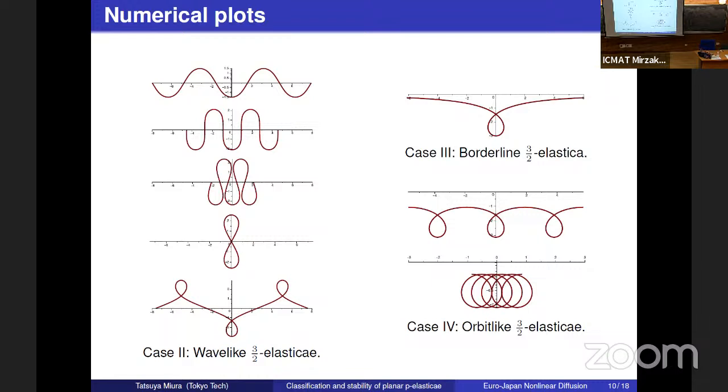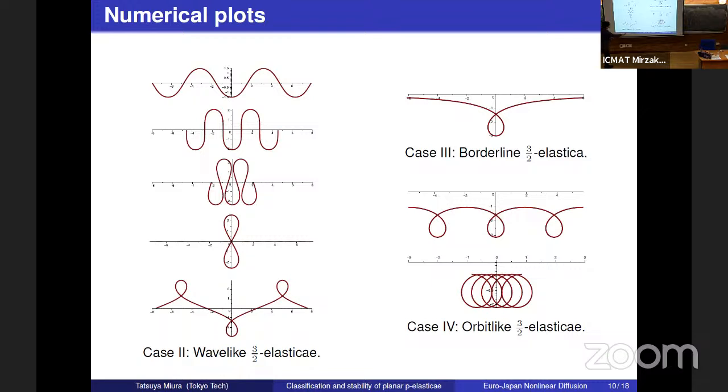By changing the modulus, the shape of the curves changes, as in those figures. Taking the modulus to be 1, we reach the limiting case, which is called borderline elastica. This is the only case where the curve has no periodicity. In every other case the curve has periodicity.